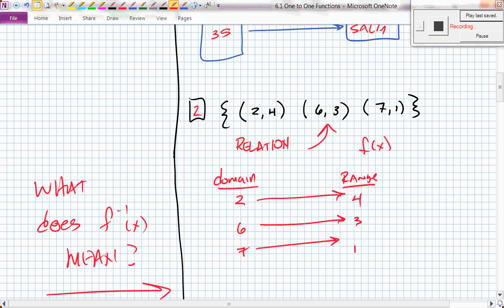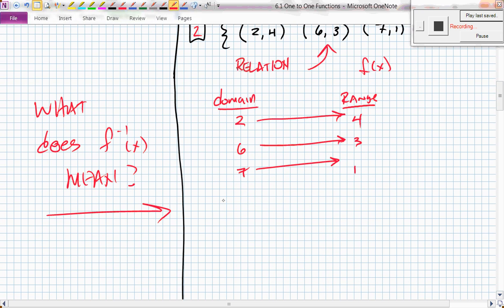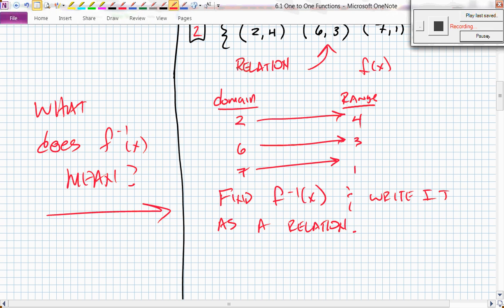Could you please then find for me f inverse of x and write it as a relation? Who's got it for me? Yeah, Jonah.